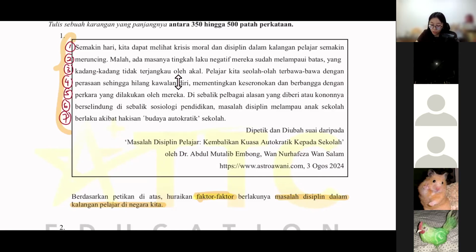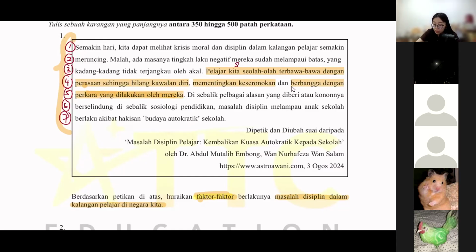Okay, yes, correct. Which is perasaan, which is the students seolah-olah terbawa dengan perasaan, which is they bring all their emotions sehingga hilang kawalan diri, they cannot control themselves. And then next one, mementingkan keseronokan. They will just focus on the play, the fun. Okay. Dan berbangga dengan perkara yang dilakukan oleh mereka. So these are all the reasons they are giving you why discipline problems nowadays are more and more.